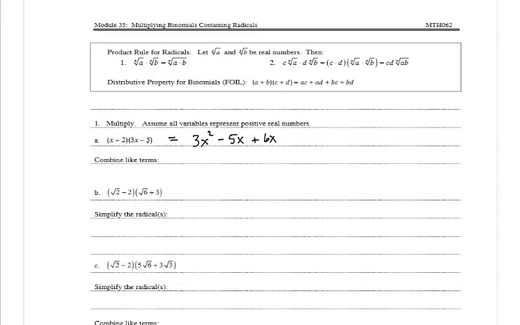And 2 times negative 5 is negative 10. And now we want to combine like terms. And our middle two terms are the only like terms we have. So we have 3x squared, and we have minus 5x plus 6x gives us plus x minus 10.